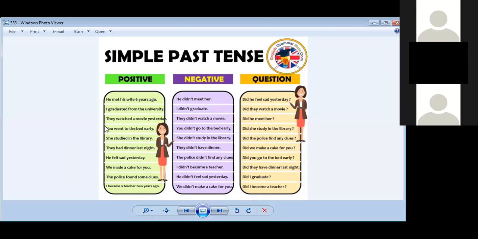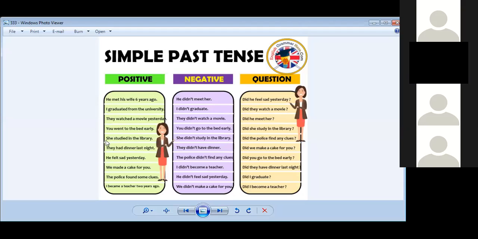Okay, can you notice the difference between regular and irregular verbs? Regular, we add ed. And irregular, yes, yes, good, excellent. So we will talk about regular and irregular more during this semester. We will take many examples and we will memorize them and distinguish them.